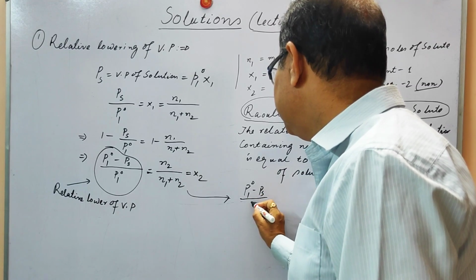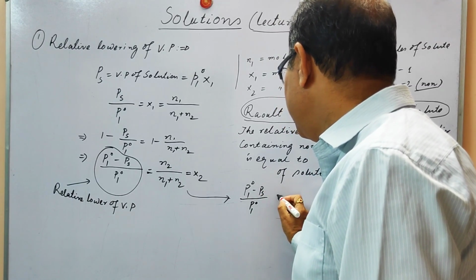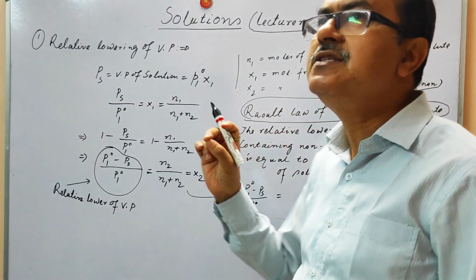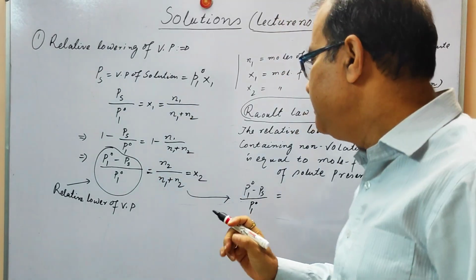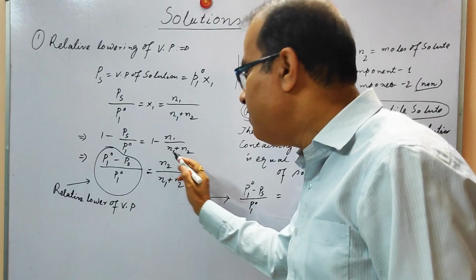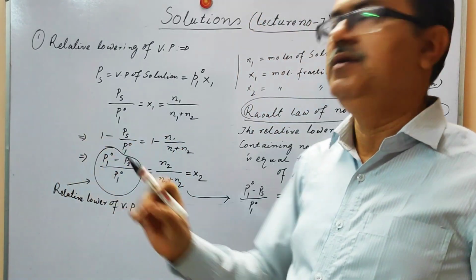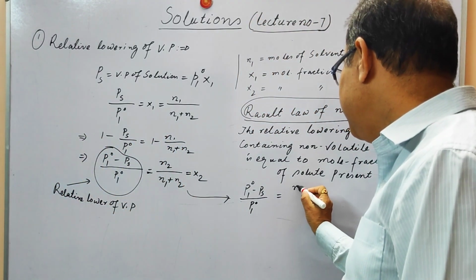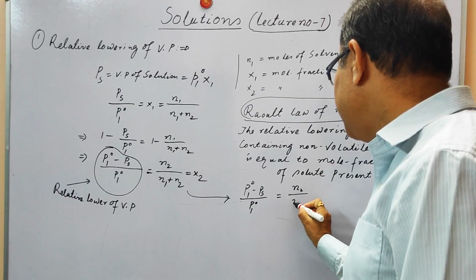Now suppose the solution is a dilute solution. In a dilute solution, N2 will be much less than N1. So at that time we can write N2 by N1.